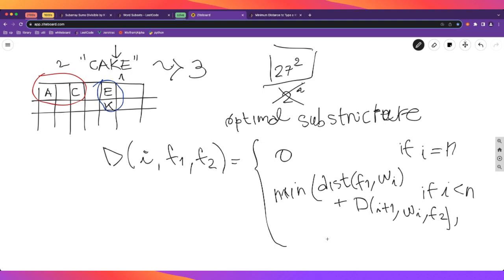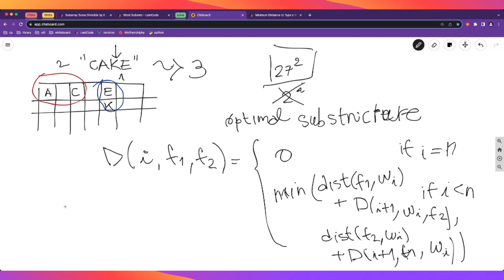So that's one case, and the other case is similar. Is the distance. Hello, Goku. Hi. Distance from finger 2 again to word of I, and the distance from I plus 1 to, well, here we don't use finger 1, so it stays in the same place, and here we add this. So yes, this is the formula.